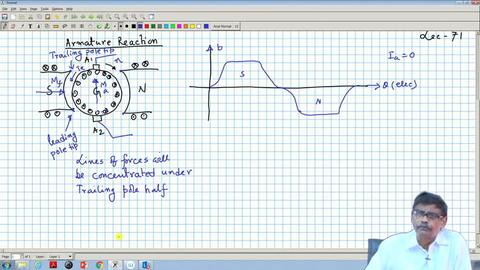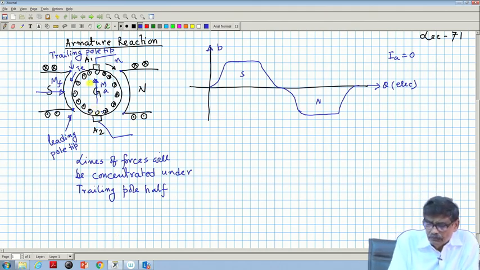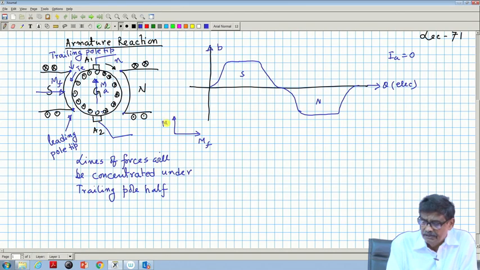Therefore, flux per pole decreases slightly, but nonetheless there is no reduction in the value of flux per pole because of a demagnetization component. This is MF and this is MA. Therefore, MR will be somewhere here. So, lines of force will be concentrated on this side, that is the whole idea.